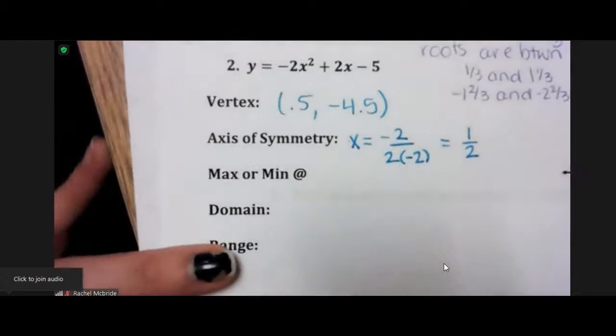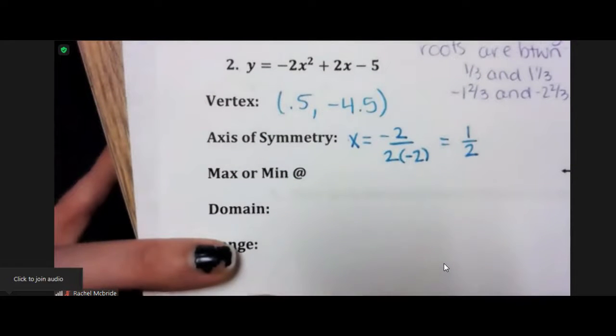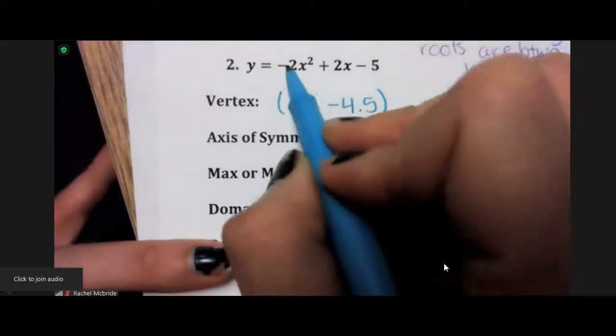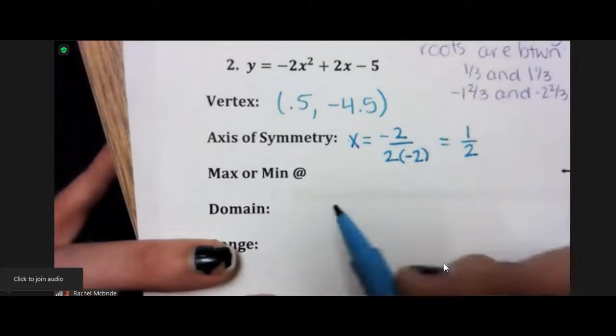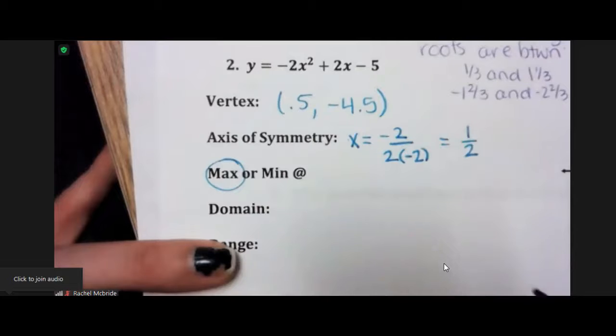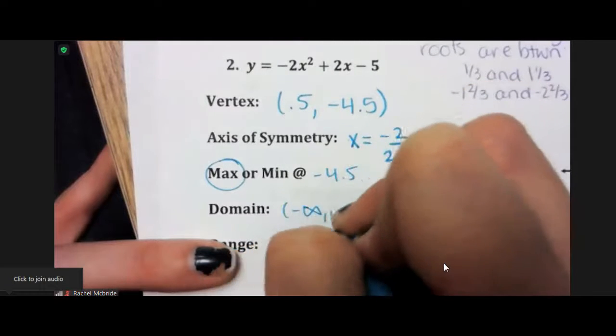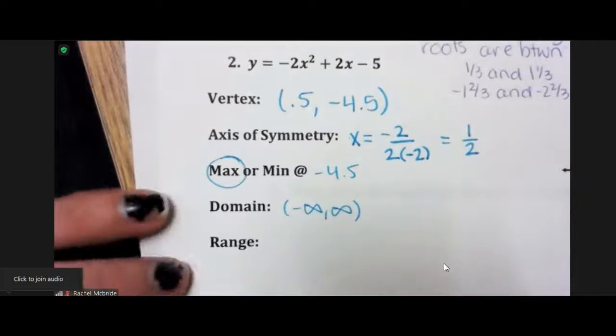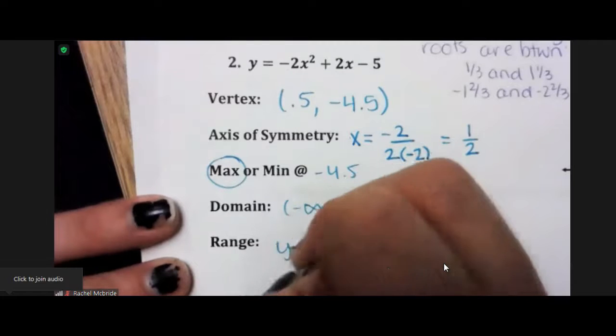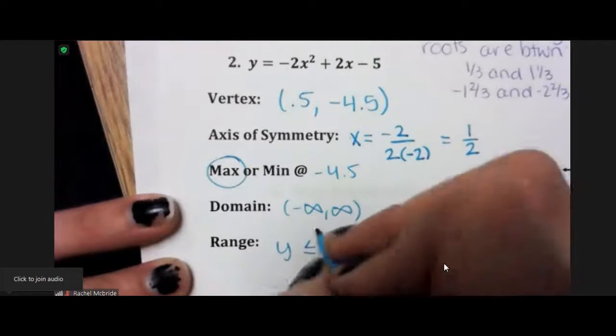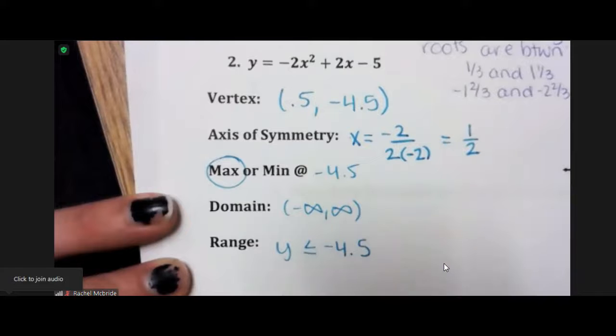So your vertex is at 0.5, negative 4.5. This graph is again negative, so we have a max at negative 4.5. Domain is always all reals. Don't miss those points. And range in this case is less than or equal to k.